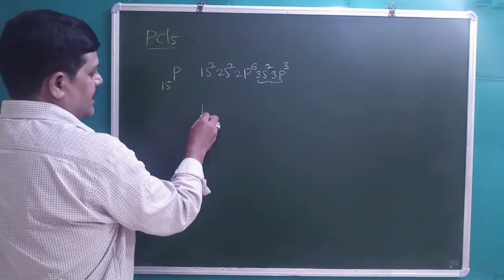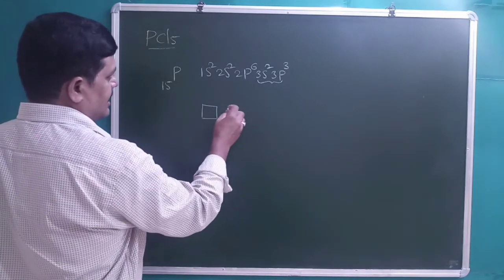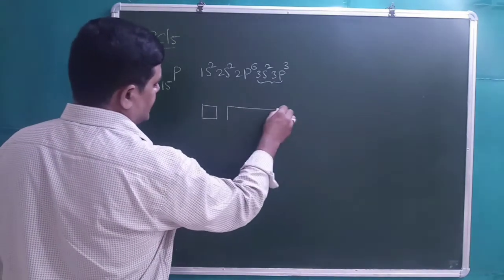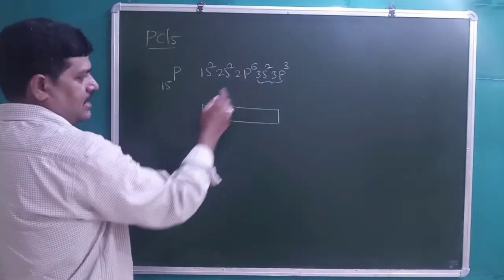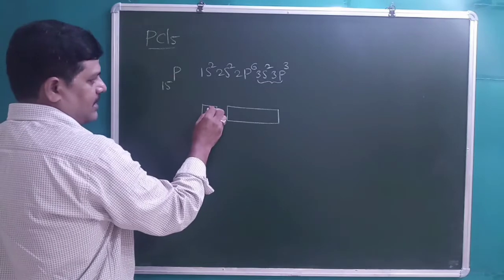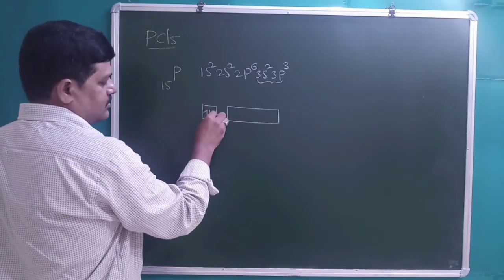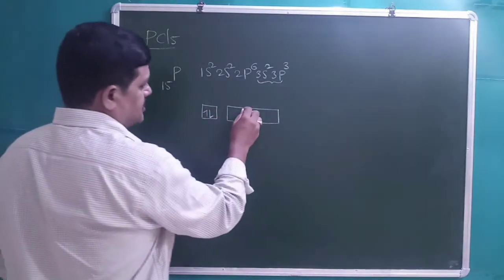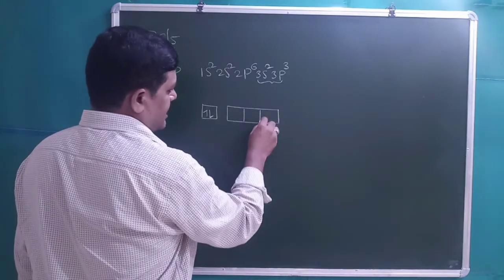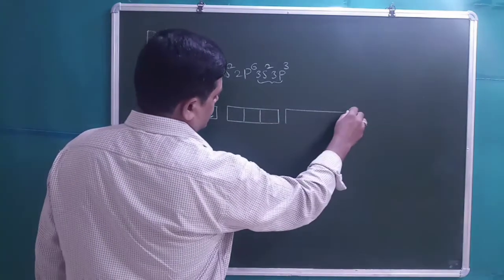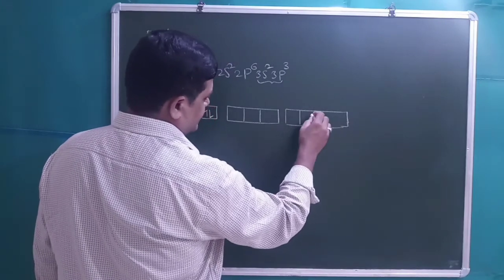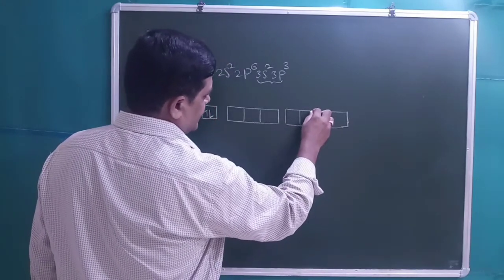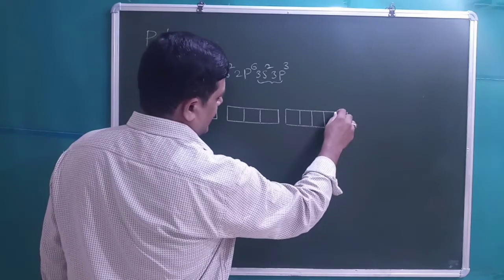So orbital diagram for phosphorus we can write like this. 3s we are representing with one box, 3s subshell has only one orbital, it has 2 electrons, and 3p is having 3 orbitals. 3d subshell is also there, it contains 5 orbitals.